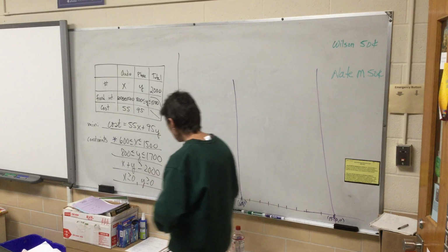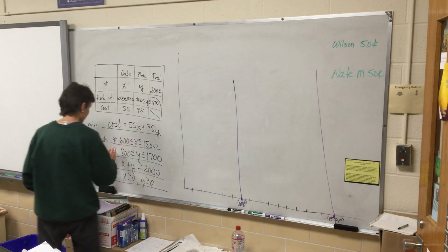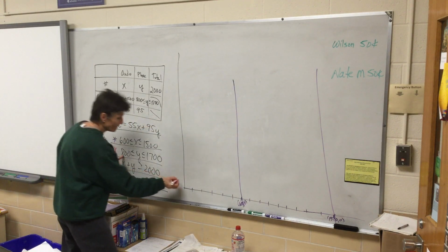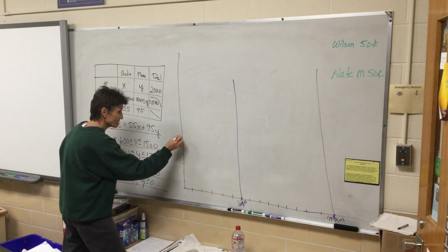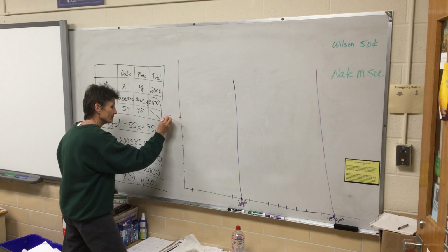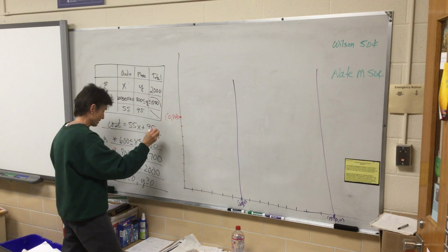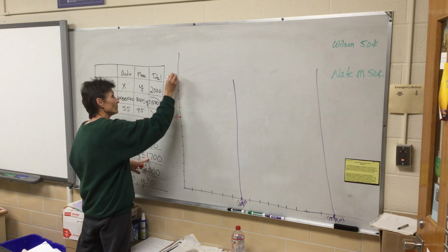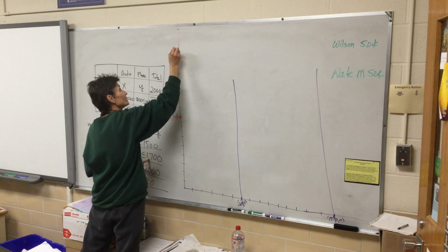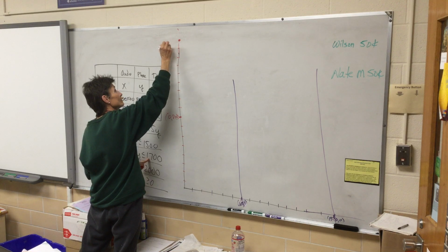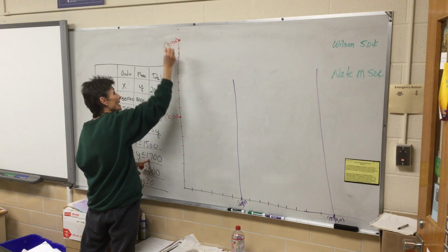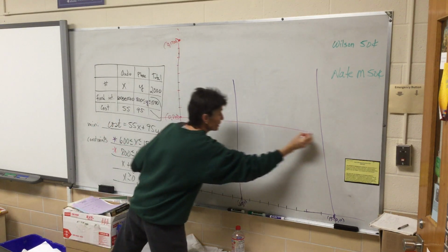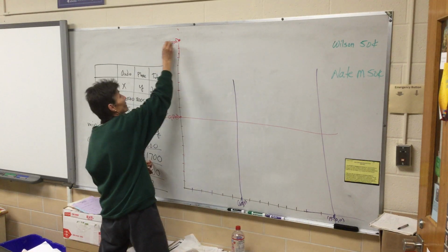Now, let's do the same thing with the Y's. So up 800, 900, 1000, 1100, 1200, 1300, 1400, 1500, 1600, 1700. And these bars are going to go sideways.